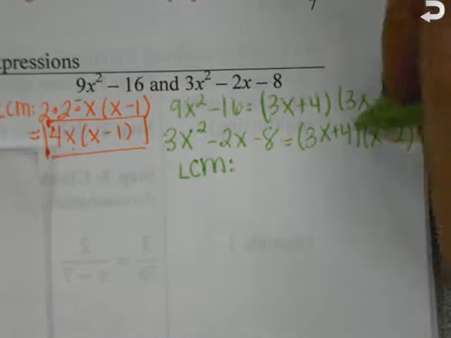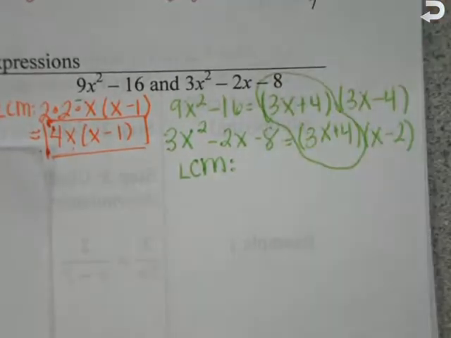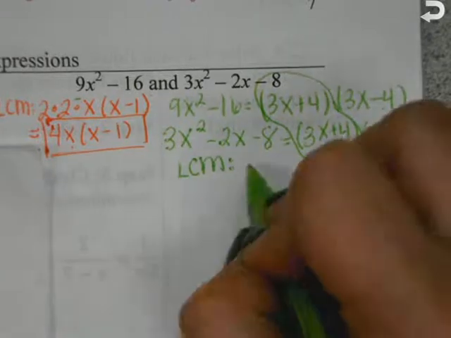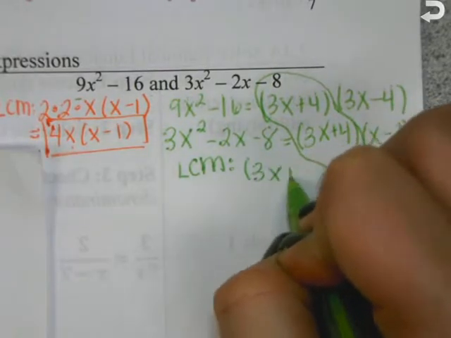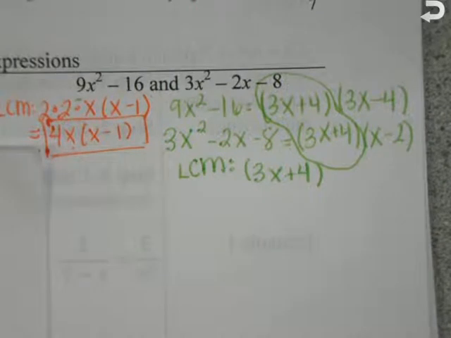Since both of them have 3x plus 4 in common, how many times do we have to include it? Just once. So anything that's in common, ever, you only have to include once. So this is going to be 3x plus 4. Now, since we're looking for a multiple of each of those terms, we have to include every single term for both of them.